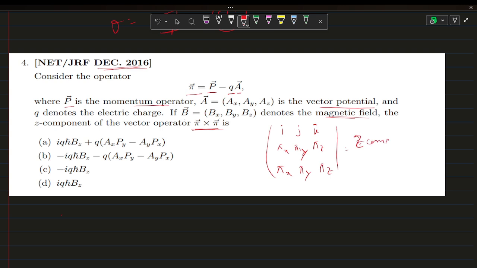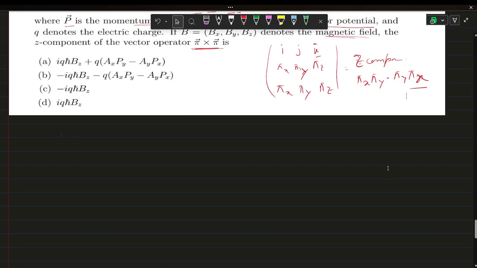will be for the k. So pi x, pi y minus pi y, pi x. So we have to find this term. So how can we write it?